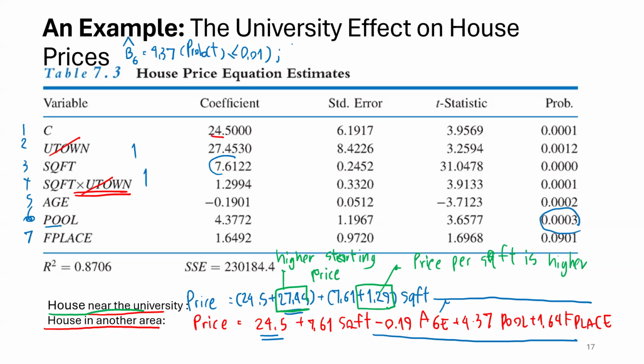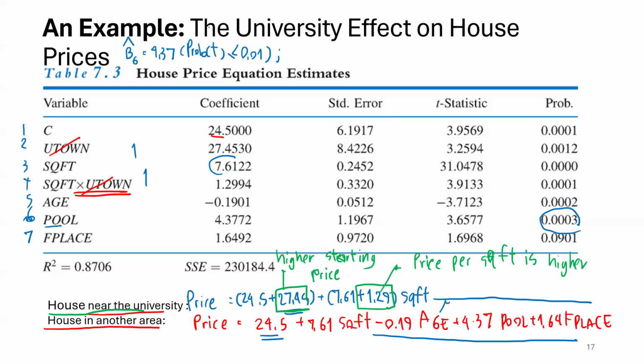If the pool increased by 1, no, it doesn't mean that those houses have two pools. Saying the pool increased by 1 is incorrect.